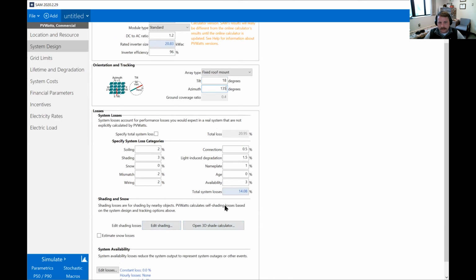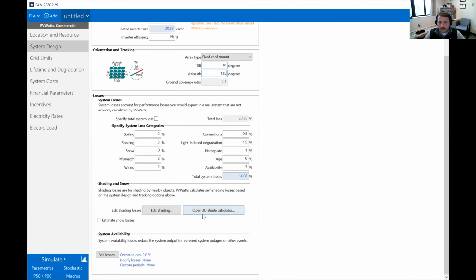So we typically leave these as standard losses. If we have time later, I'm going to open this 3D shade calculator and show you how to use that, because this can be really important if you have some partial shading, and it can do some estimations of partial shading. In this particular scenario, that's an open area, there is no shading. We're not going to mess with this 3D shade calculator.